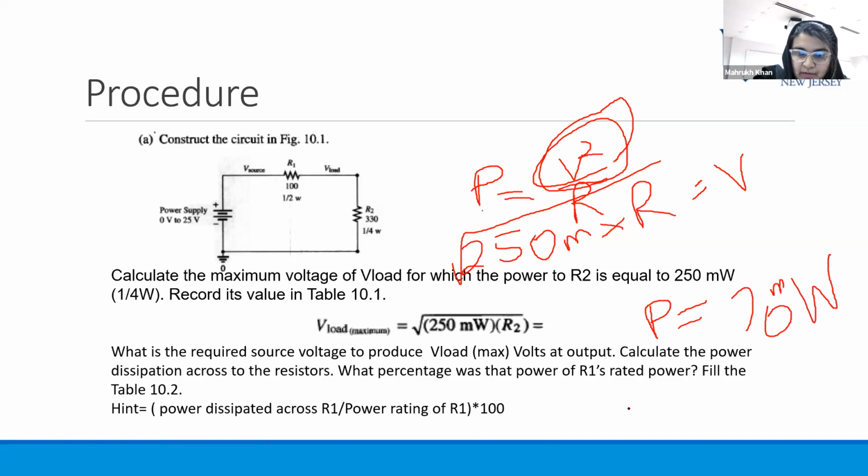And you need to calculate how much percentage of rated power it's working. So percentage is 70 milliwatt divided by 250 milliwatt into 100.